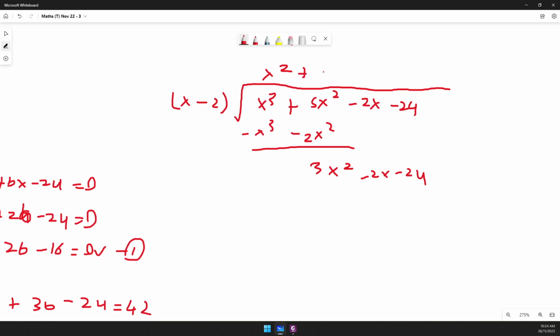Then you plus 3x, 3x squared minus 6x. Oh wait, this will become positive, right? It's negative, so it becomes 7 here.